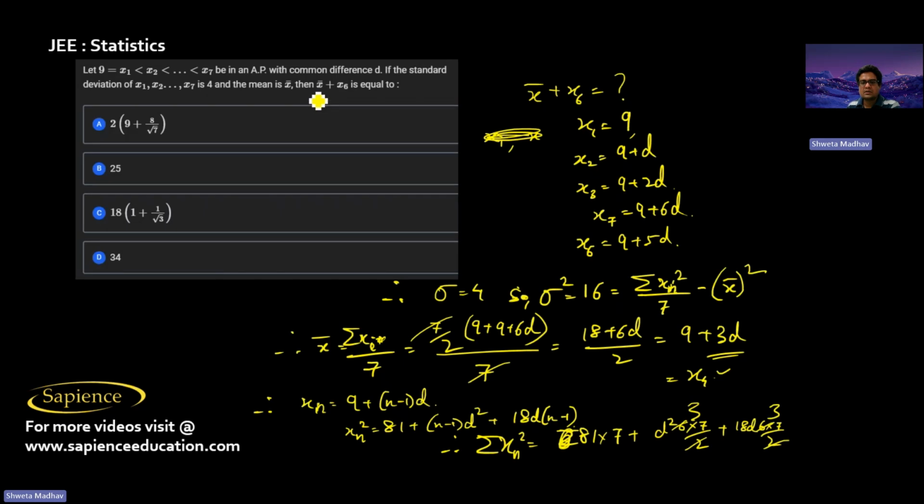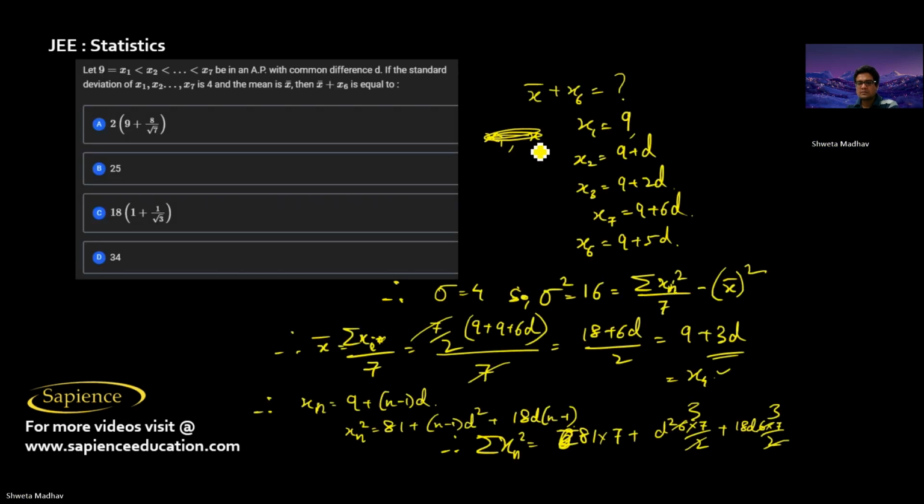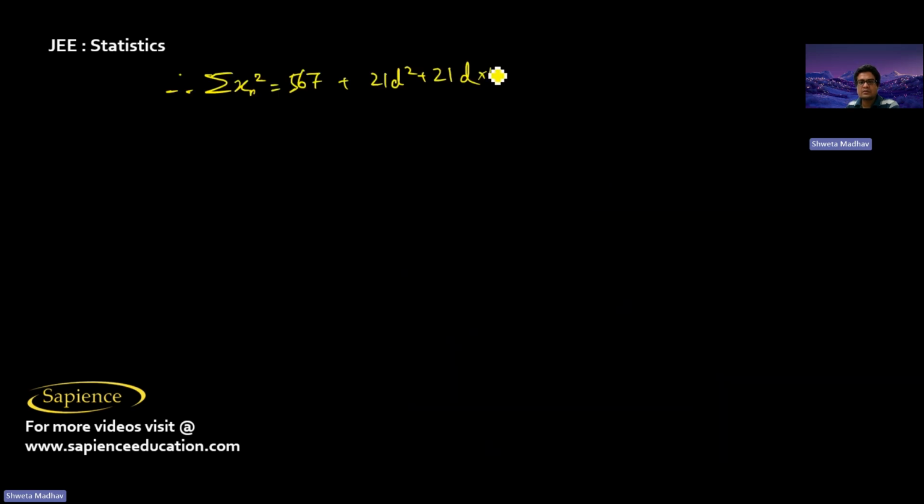Therefore, summation xn square is equal to 81 into 7, plus 21d square, plus 21 into d into 18.